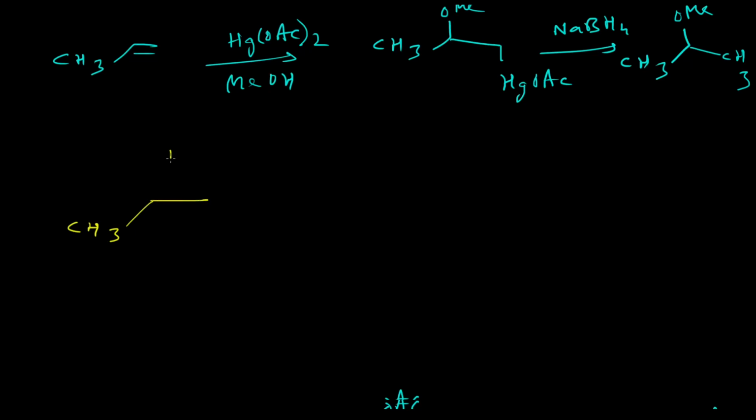So after the formation of this mercurinium ion, there is an interaction between the filled d orbital of the mercury and the pi star molecular orbital of the double bond.